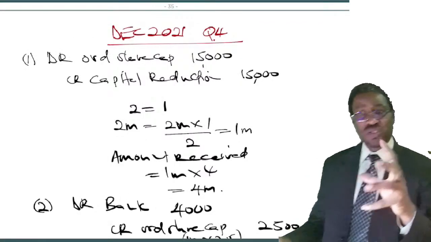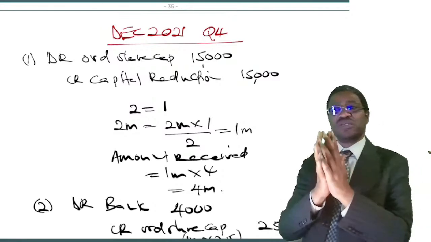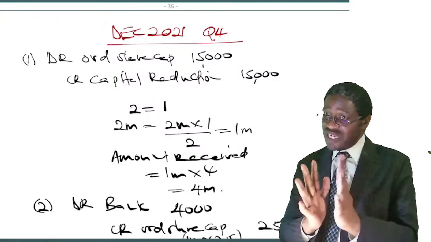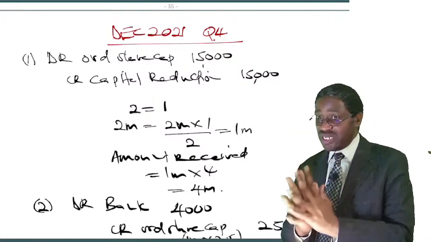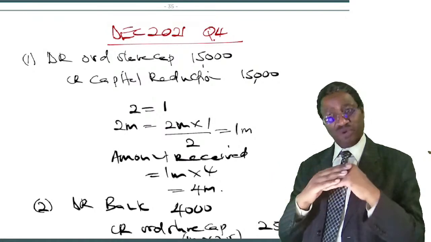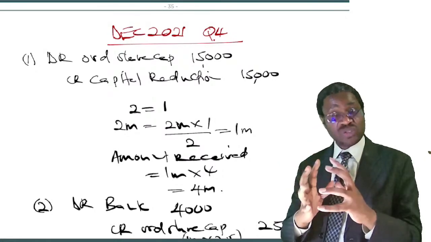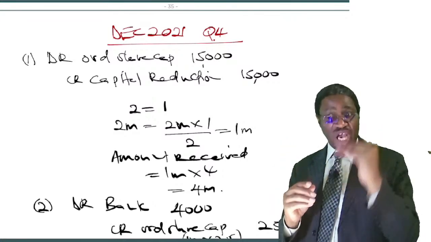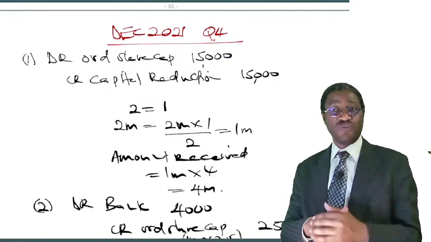So we are reducing one share by 7.5. That was okay. So we debited share capital, and we credited capital reduction with the amount written off on share capital. Good. Then I told you, from now on, we no longer have a share of 10, we have a share of 2.5. Follow me now?